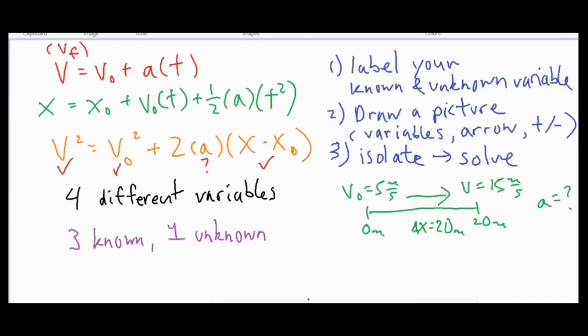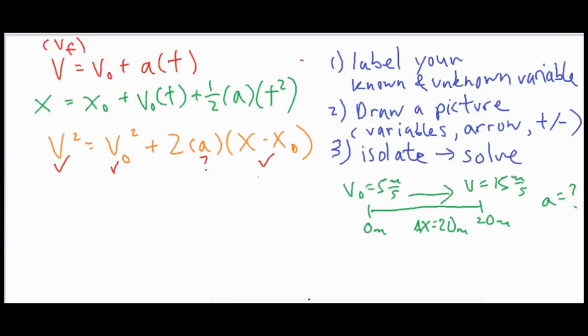1 unknown variable. Now, if I were to solve for that, what I could do is I could go ahead and clear myself a little bit of room. And what I would do is I would subtract V naught squared from both sides, and then I have V squared minus V naught squared equals 2A, and then I'll condense the x minus x naught to delta x.